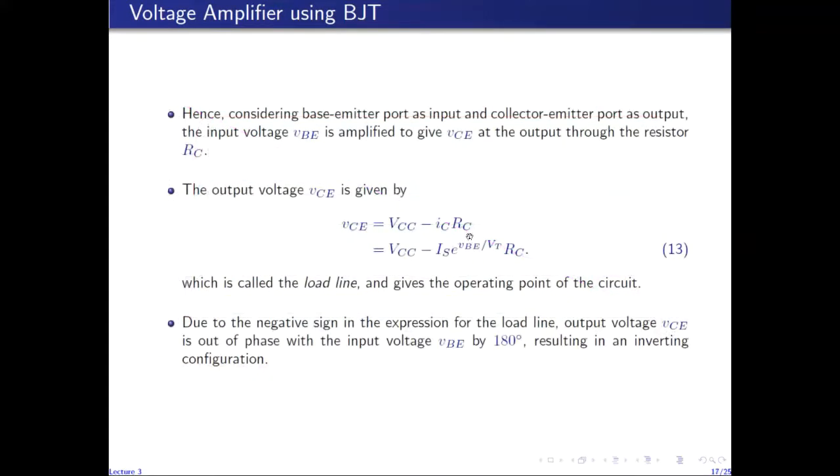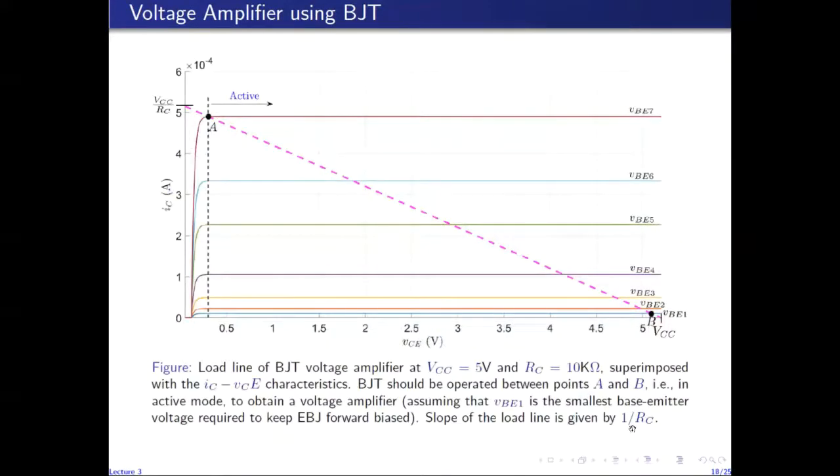Slope of the load line from this equation can be seen to be equal to 1 over RC, which means that increasing RC will decrease the slope of the line, and decreasing RC will increase the slope of the line. So as before, this dotted black line shows the edge of saturation, assuming VCE sat is equal to 0.3 volts.